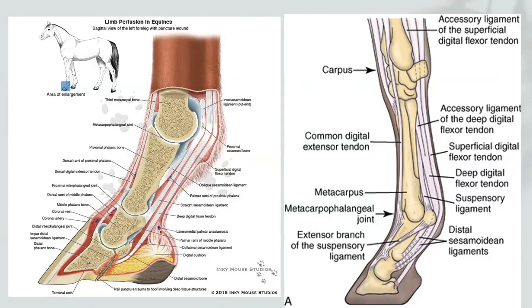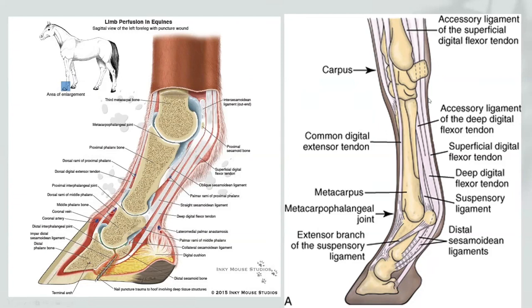The deep digital flexor tendon. Excellent. So that's your deep digital flexor tendon. So the name deep, it's on the inside. So it's deep to the skin. All right. It flexes the digit. So as this tendon tightens, this bone comes backwards and it creates that whole limb in flexion.